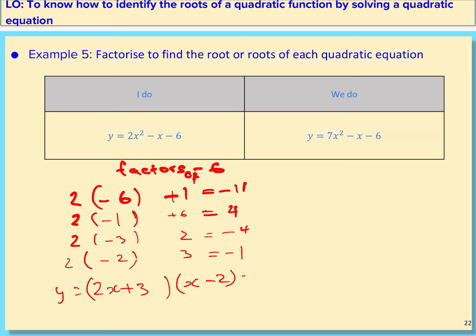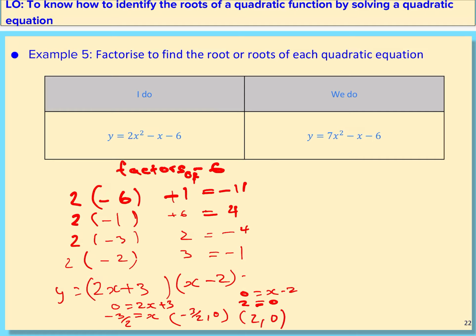So now we can factorize it. So y equals (2x + 3)(x - 2). Now we can solve for 0 and find out what x equals. We make each individual bracket equal 0.